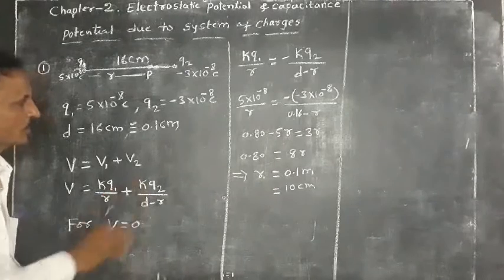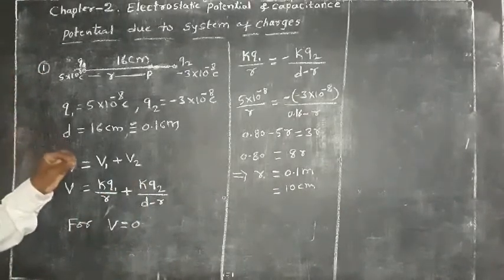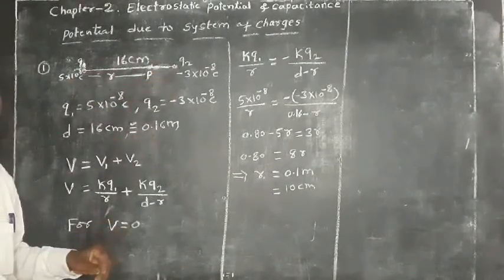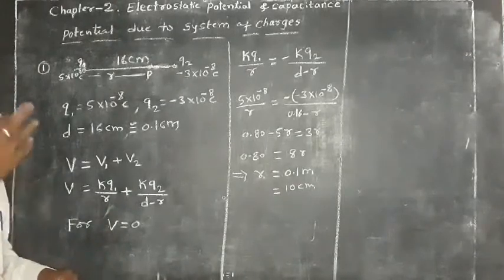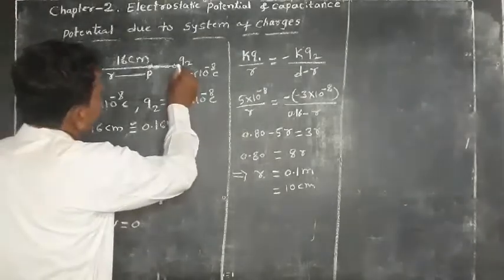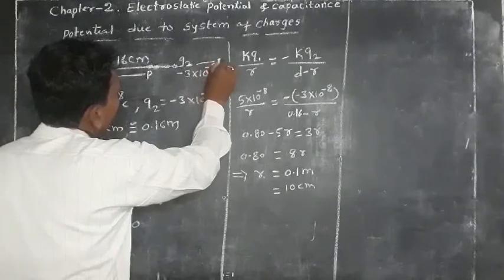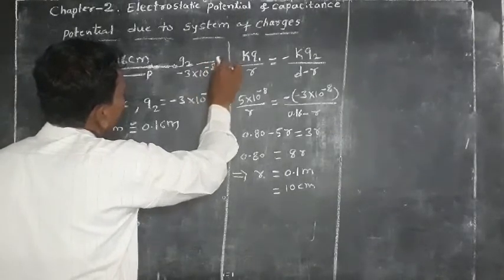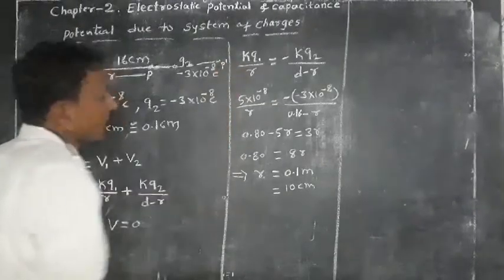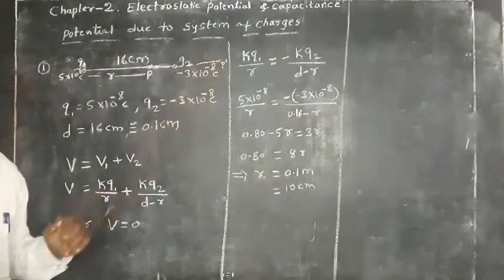And if the potential due to these two charges is 0 at infinity, then the potential will be 0 at some other point, that is, let P dash be the other point at which potential due to these two charges is equal to 0.